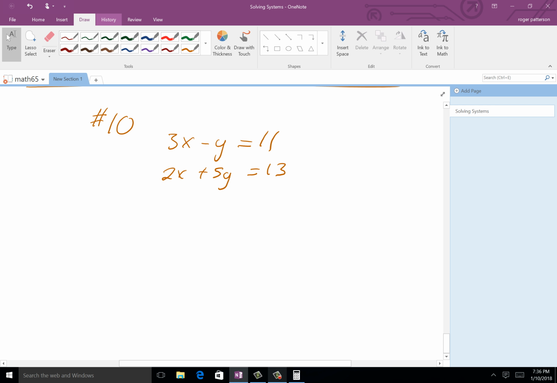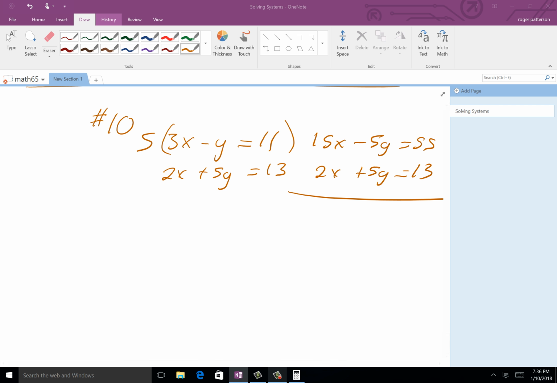Can someone tell me what we're doing? Elimination, so we don't have an option here. Which variable did we eliminate? Someone want to tell us what we did? Which one? Y. Okay. So if you're eliminating y, you're doing what to do that? Okay. Good deal. So that's 15x minus 5y, and 2x plus 5y equals 13.